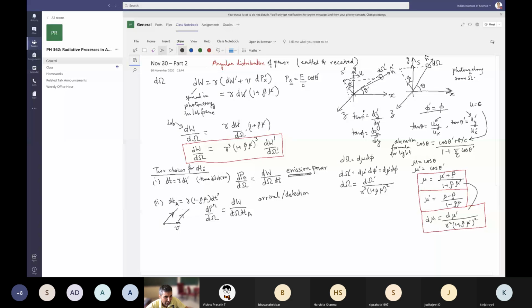Both choices have their uses. Here we are looking at how much power is received. You recall this is the photon chasing photon effect. Basically, if the particle is moving very close to the speed of light along the direction of emission, then the arrival time of the photons will be very, very short.